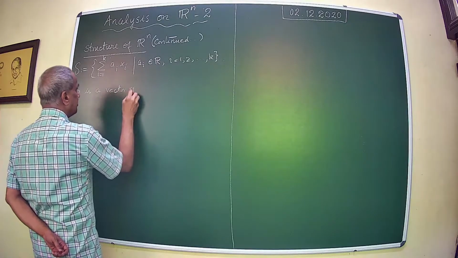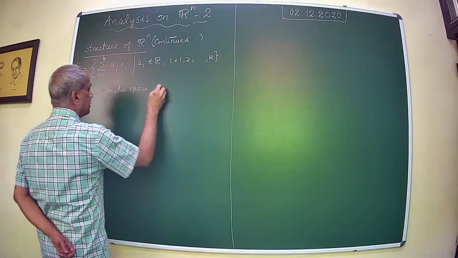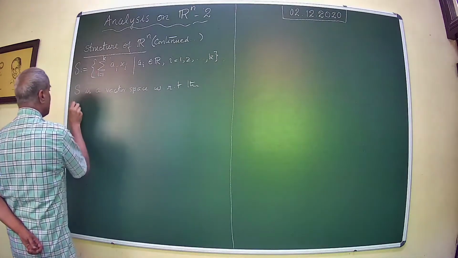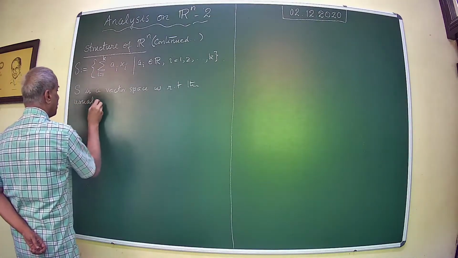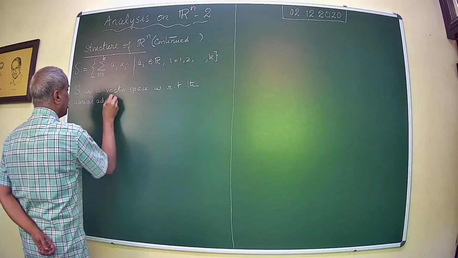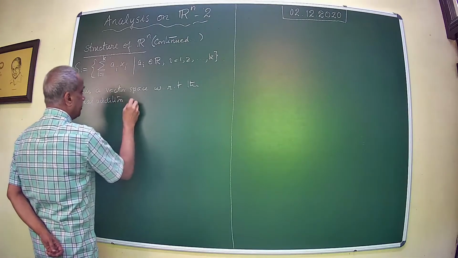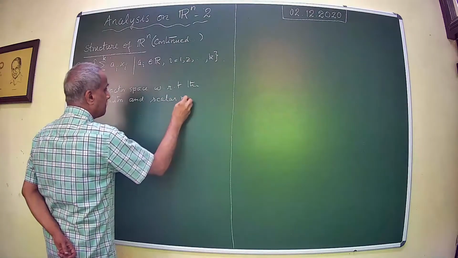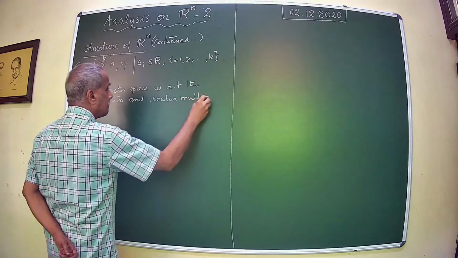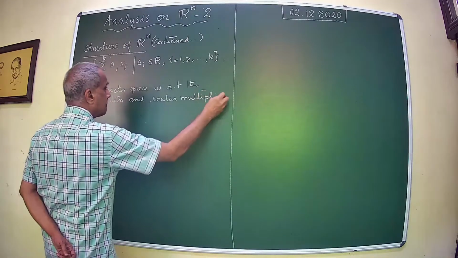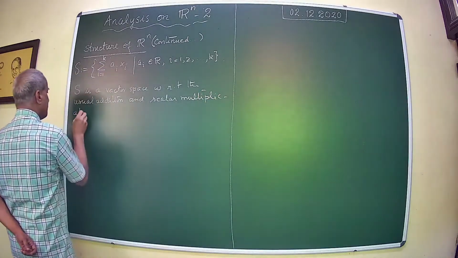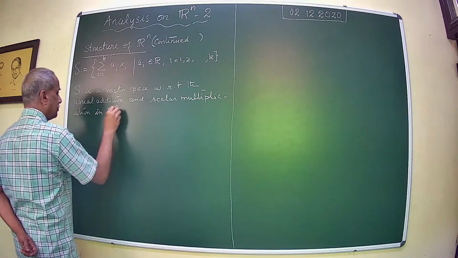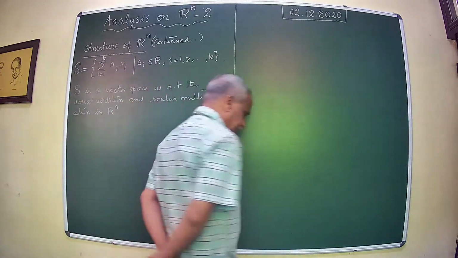a vector space with respect to the usual addition and scalar multiplication in Rn, which we have already introduced.